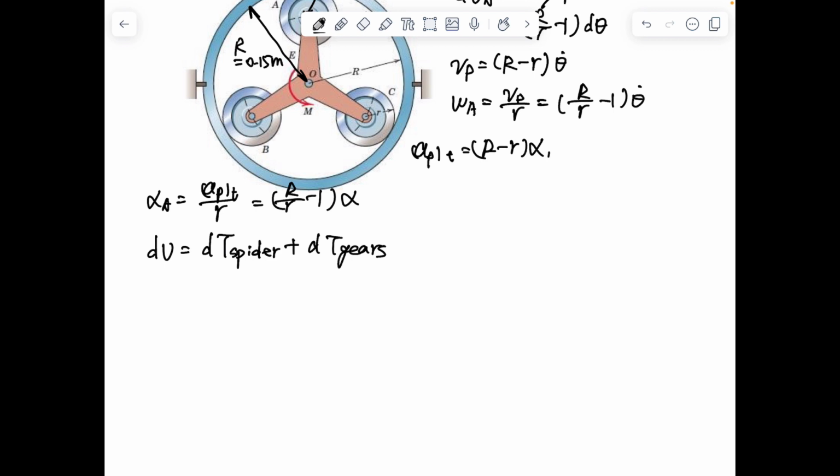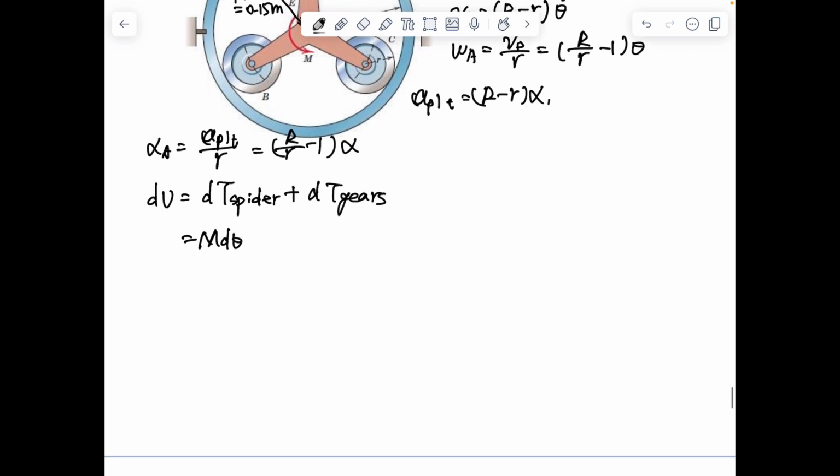And dU is also equal to M d theta. Then dT spider is equal to d of 1 over 2 Io omega squared.